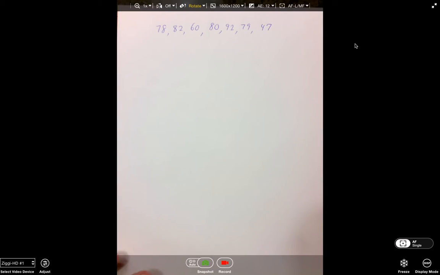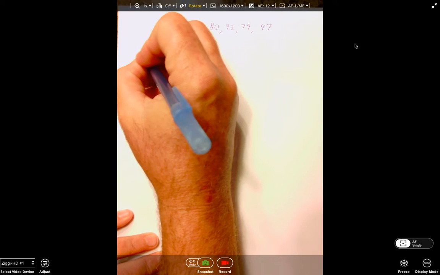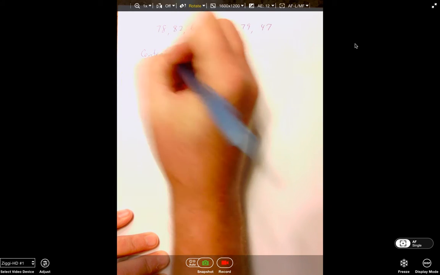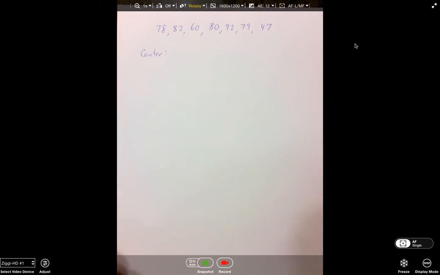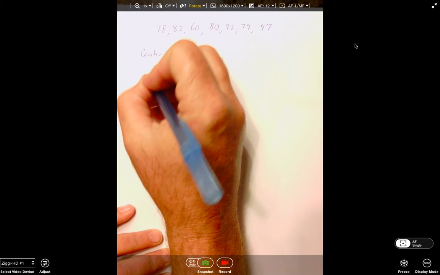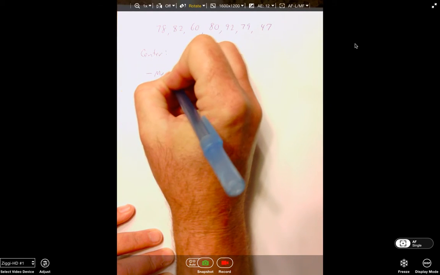So the first thing I want to illustrate to you are the measures of center. And along the way, I want to tell you not only what the answer is, but I want to tell you about the interpretation.